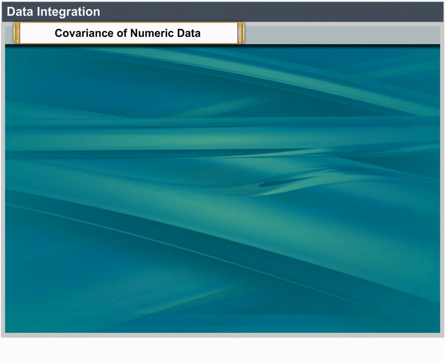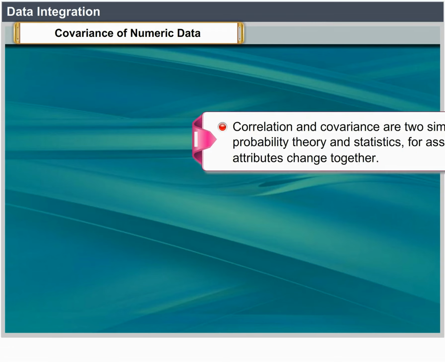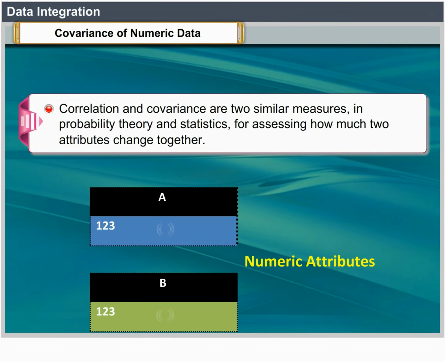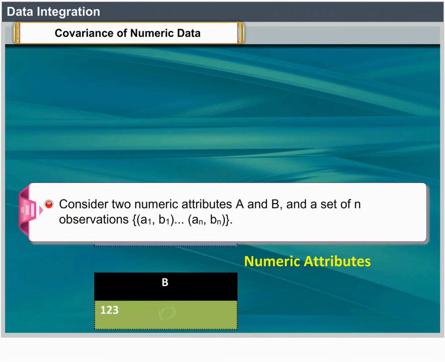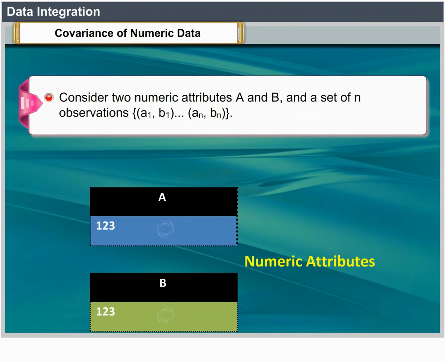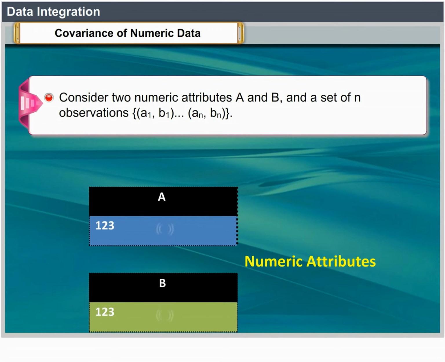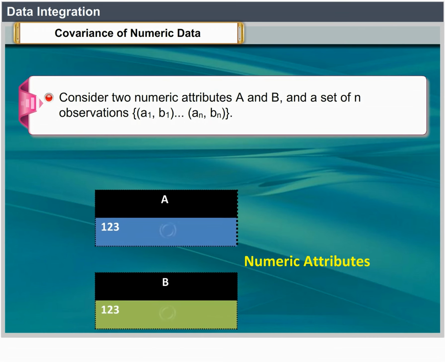Covariance of numeric data. In probability theory and statistics, correlation and covariance are two similar measures for assessing how much two attributes change together. Consider two numeric attributes A and B and a set of n observations (a1, b1) up to (an, bn).